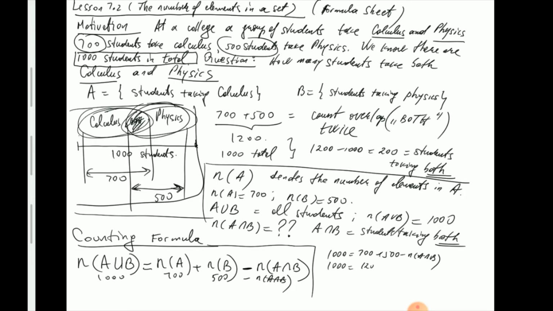So 1200, move this to the left, move 1000 to the right hand side, and we get 100.